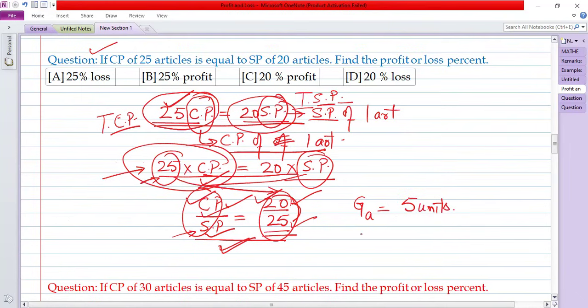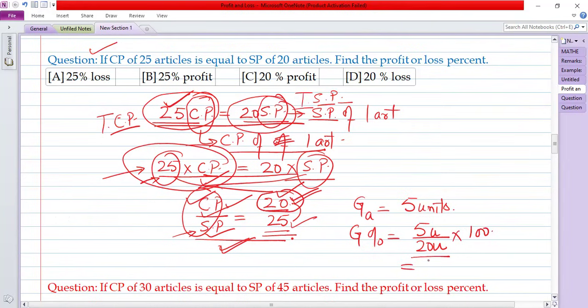So what will be the gain percentage? Gain percent will be nothing but gain amount 5 units, and what is the cost price? Cost price is 20 units. Okay, just let me make it clear. So this is the cost price, and obviously into 100.